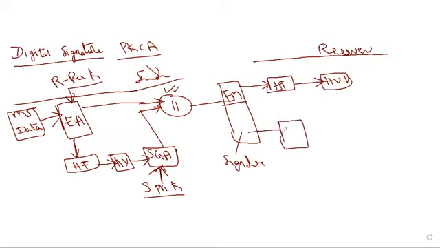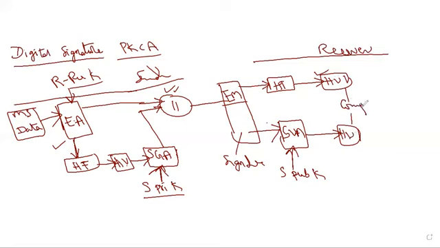So these two are compared with each other, but the signature verification algorithm uses the opposite key, which is the sender's public key. So the sender's public key is used by the receiver. Both hash values are compared. If both are the same, the receiver concludes that the message is not modified, right? So this is the second configuration.